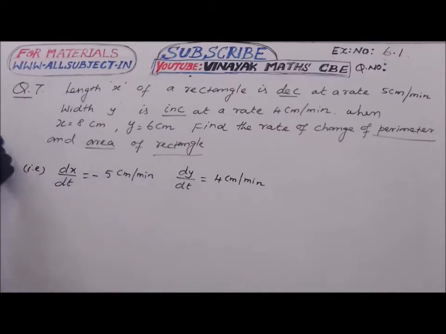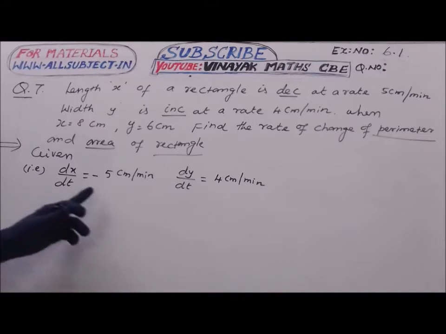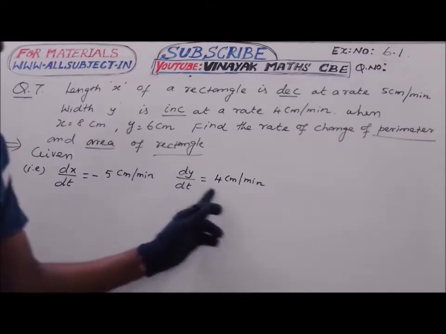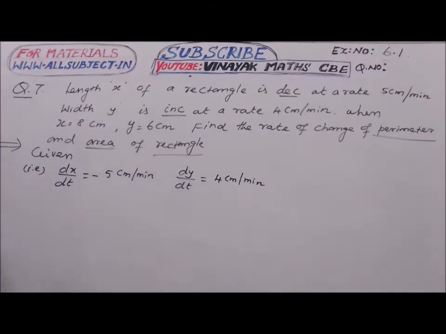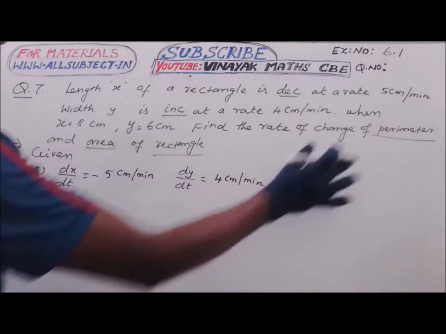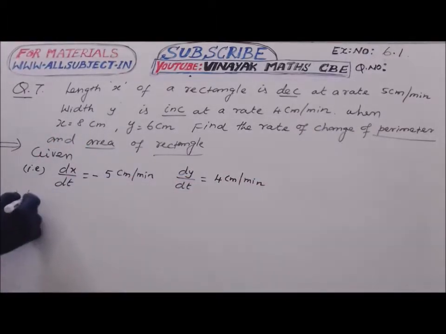These are the two pieces of information given: dx by dt equal to minus 5 cm per minute, dy by dt equal to 4 cm per minute. And we need to find the rate of change of perimeter.